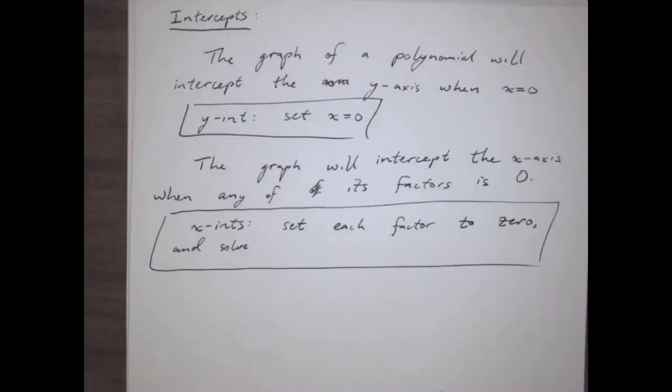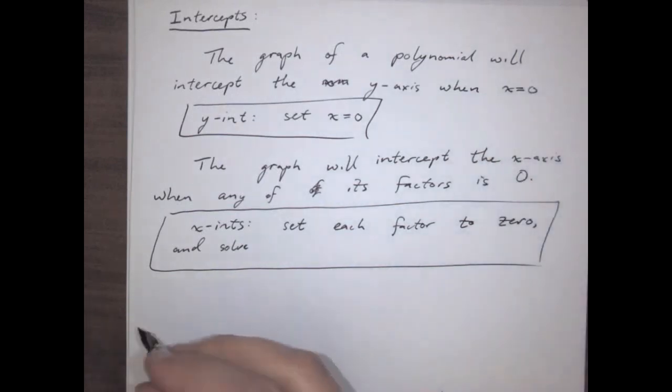Now, intercepts refer to points where the graph crosses one of these two axes, either the x-axis or the y-axis.